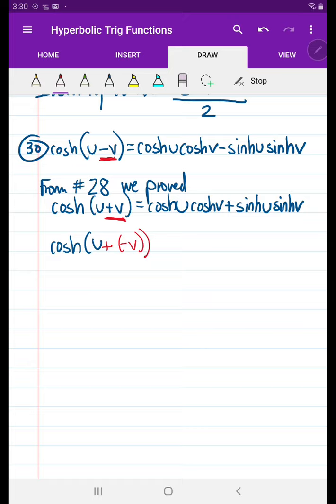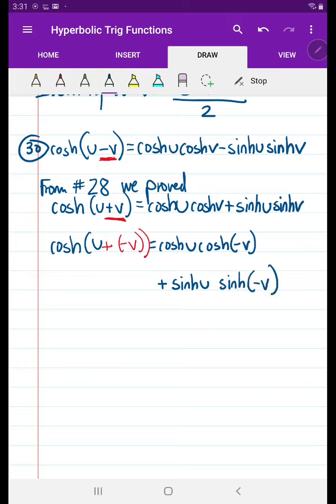So then if we do that and keep writing, what that's going to give us is cosh u times cosh negative v plus sinh u times sinh negative v.